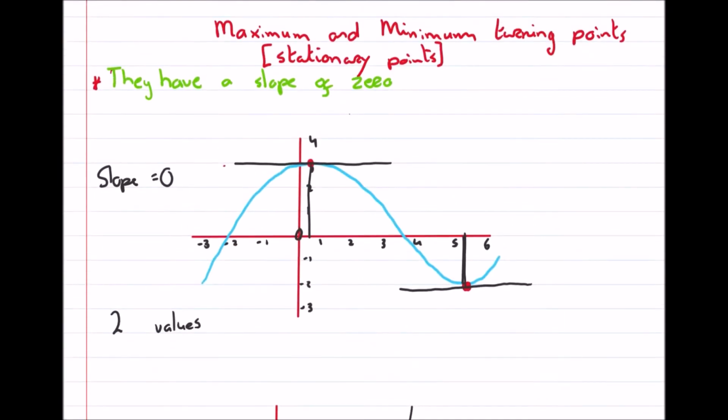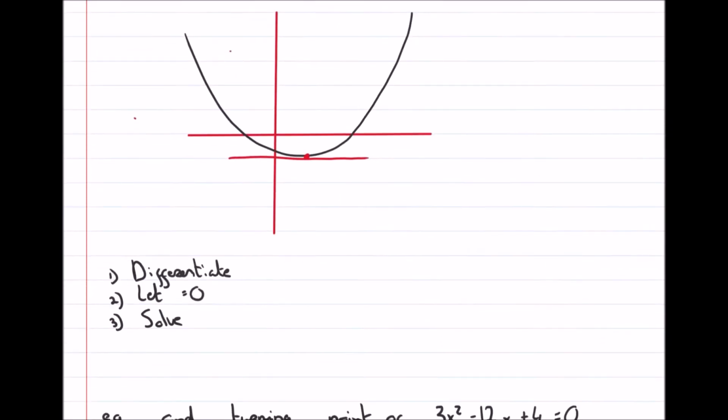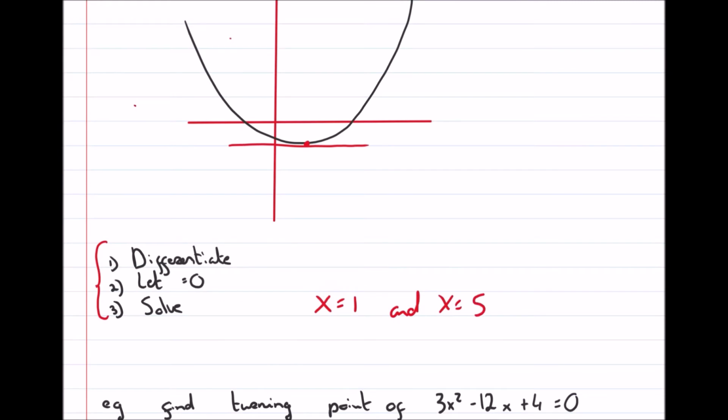Okay, let's take this one. I have my curve. I want to find its maximum and minimum values. I'll differentiate the function. Then I'll let the function equal 0. And then I'll work back and solve to see what x value gives me 0. And let's just say it was x equals 1 and x equals 5.